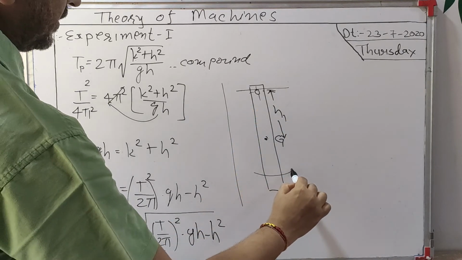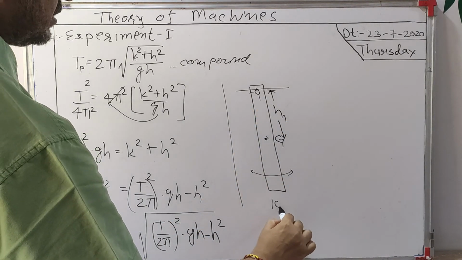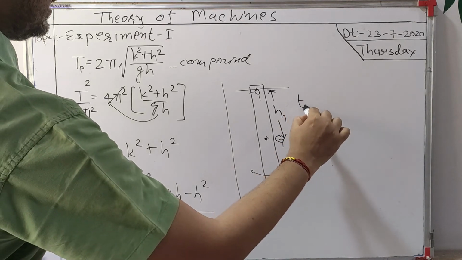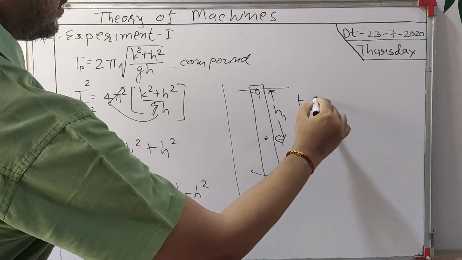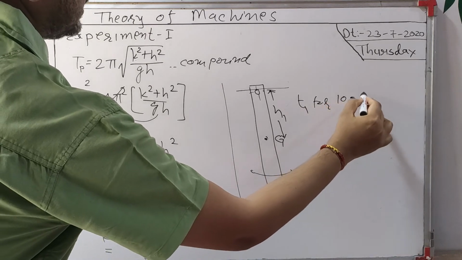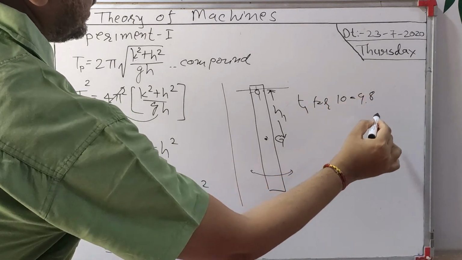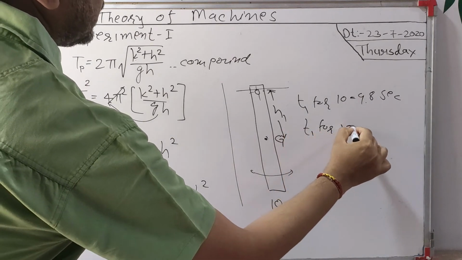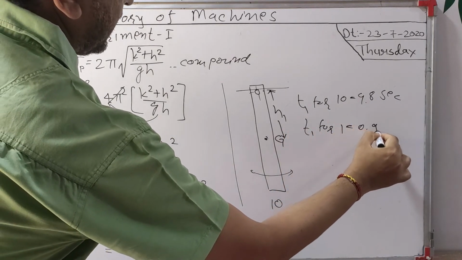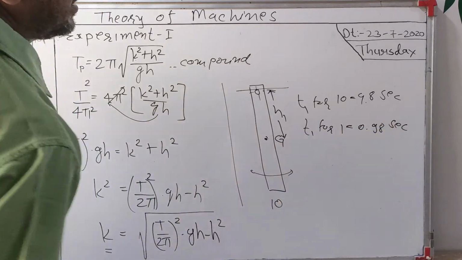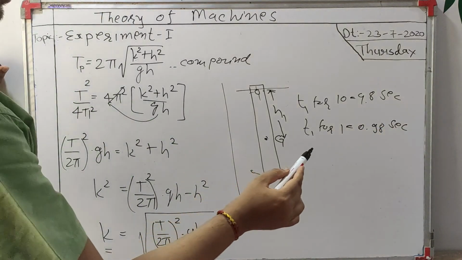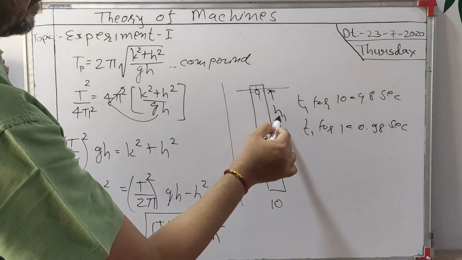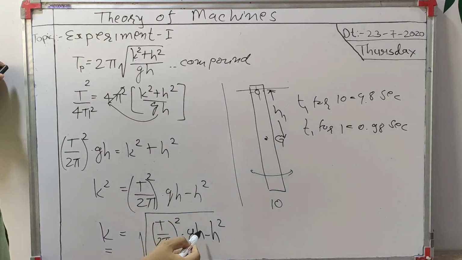If we oscillate this for 10 oscillations, we will find T1 for 10 oscillations, say it is 9.8 seconds. So T1 for one oscillation, divided by 10, is 0.98 second. Now you have T1 and h1. Put these in this equation and we will have k1.